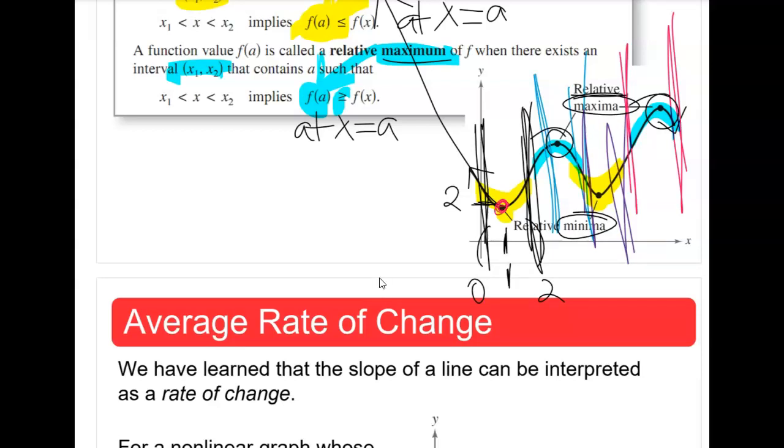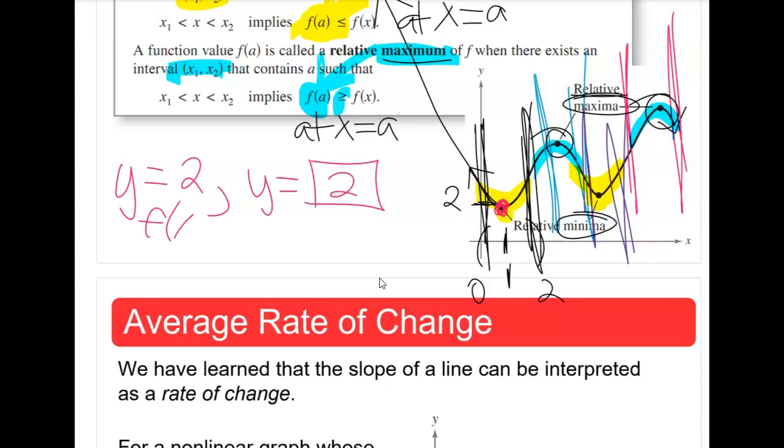And so the relative minimum at that point will be y equals 2. Or if the answer already has the y printed and the equal sign in just a box, then you just enter 2. Or it could be f of x equals 2. And if it says where does it occur, then it will occur at the x value equal 1.